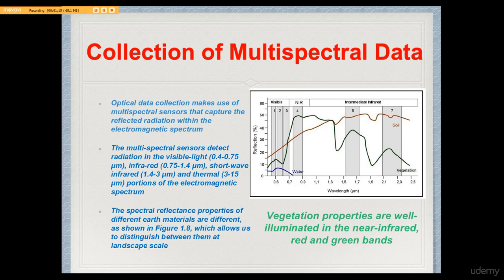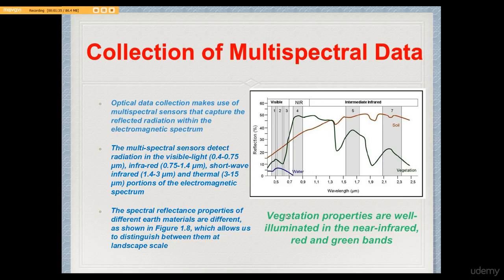So visible light is how we see the world, and that is present across a given wavelength range of the electromagnetic spectrum.